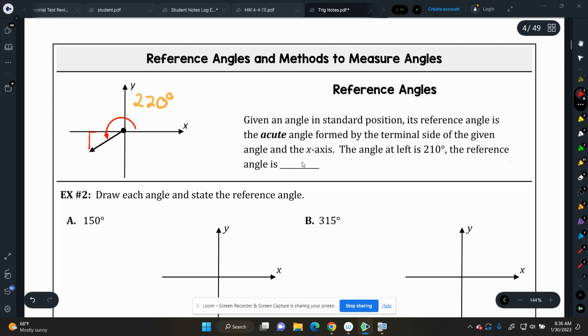If I make a right triangle with the x-axis, what will this angle right here be? What's that angle going to be? 40 degrees. That's what we call our reference angle.